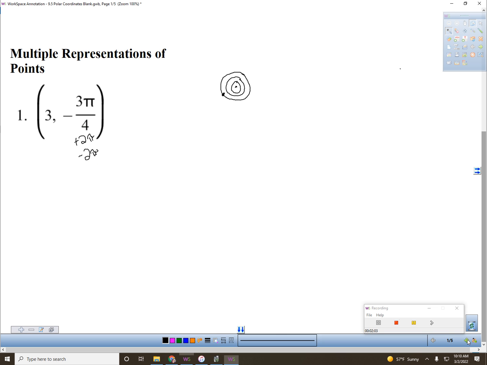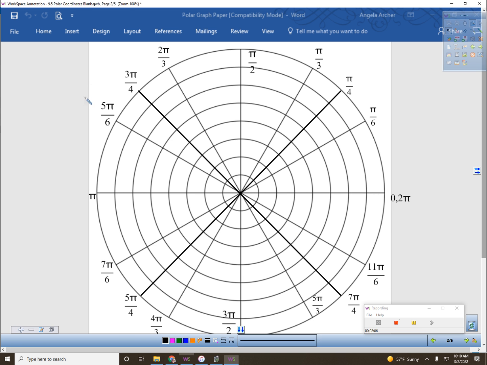Here we have our unit circle, and I have labeled what we normally have here. Sorry, it's a little stretched out because of my computer screen. Let's say we plotted the point (3, -3π/4), that is number 1.